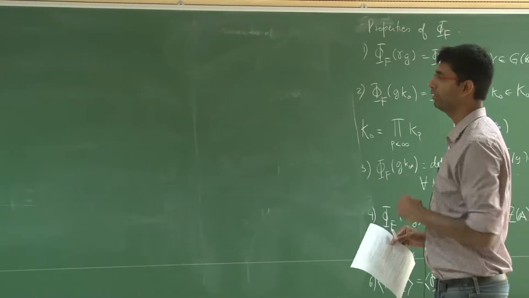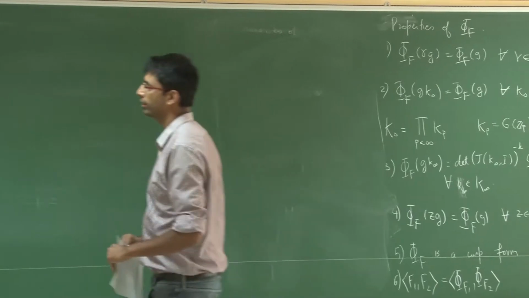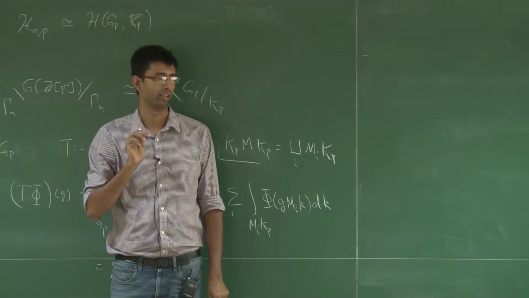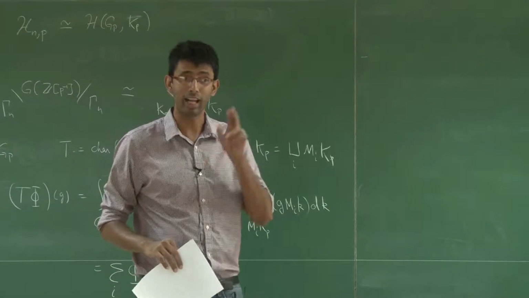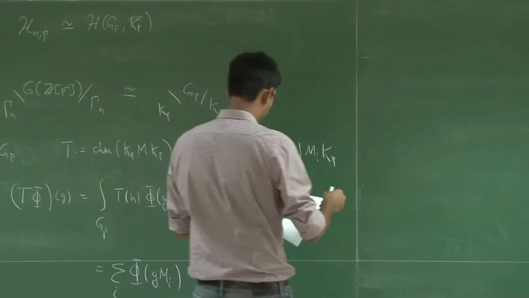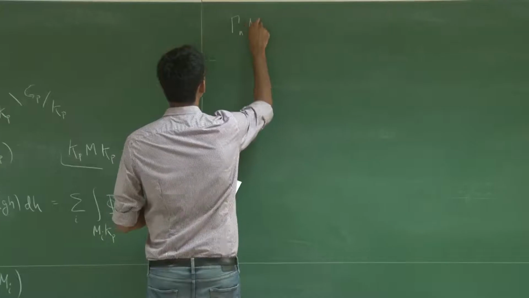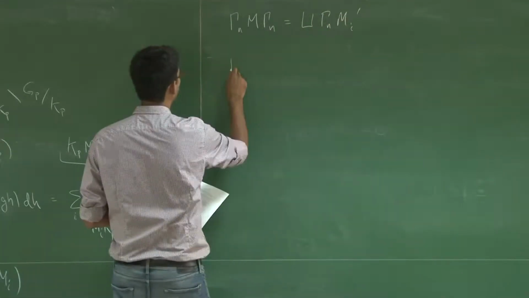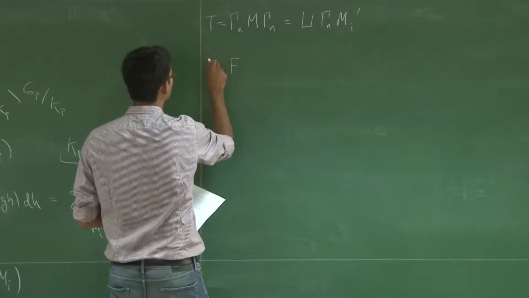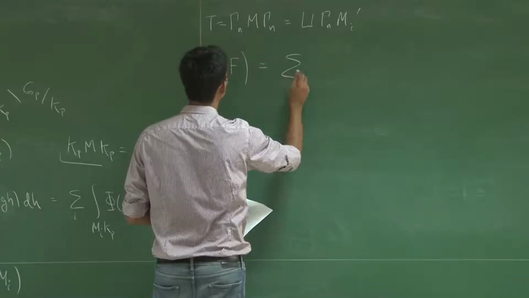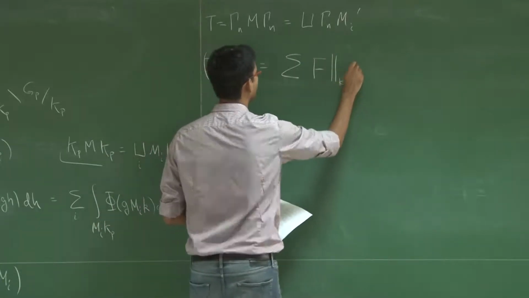But for the matching to happen, when we defined the classical action of the Hecke operator, we did it with the slash_k. But now, going from f to phi_f, we have this double slash_k, right? So we have to define this modified action of the Hecke operator. If I have Gamma_N M Gamma_N = union of Gamma_N M_i prime, and this is my T, then T double slash_k of f is defined as the sum over i of f double slash_k M_i.